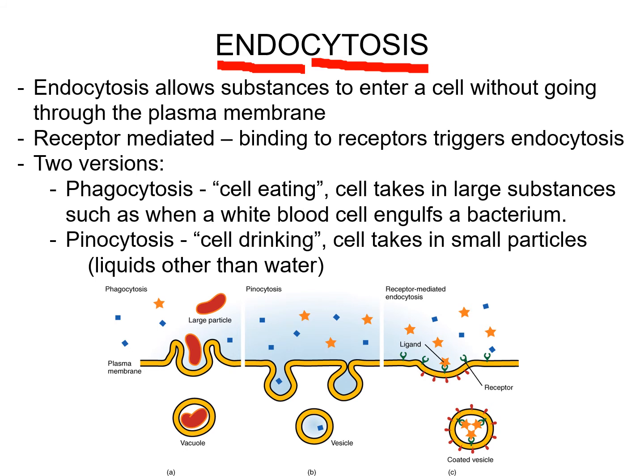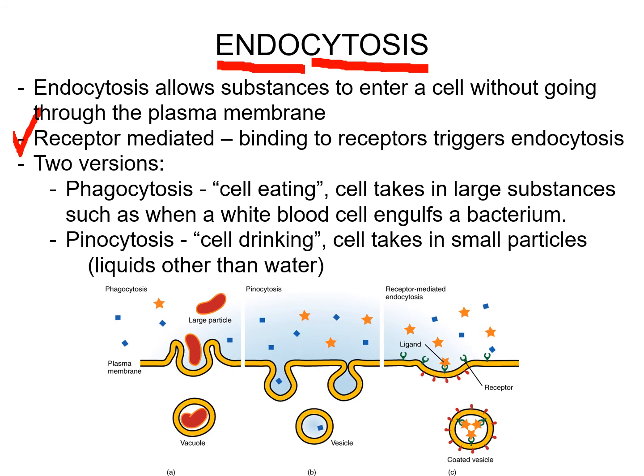Now, how this works. One, we have to have those receptors. Remember, those proteins have several different purposes. One of them, they work kind of like those satellite dishes, and they can communicate with other parts of the body. Now, once those receptors are activated, there are 2 ways of getting things into the cell. And it really just depends on whether it's a big thing or a small thing.